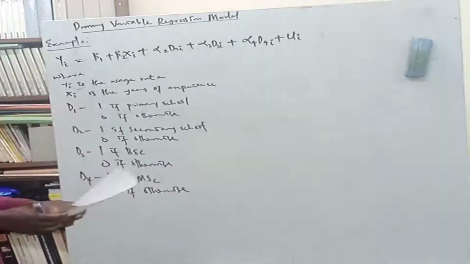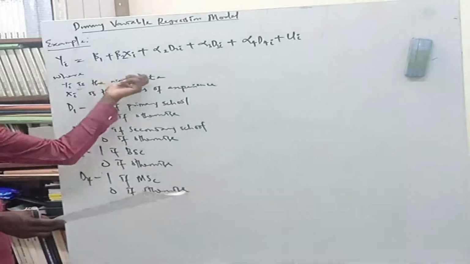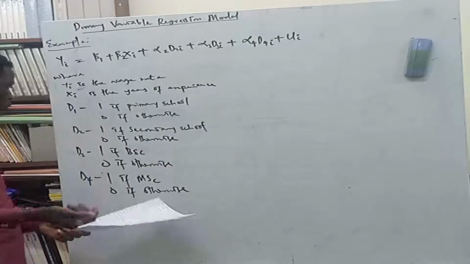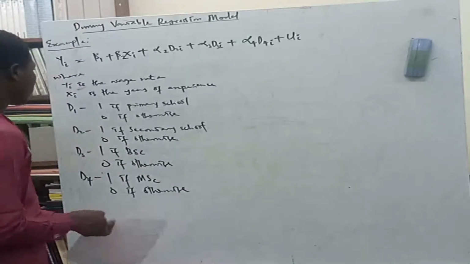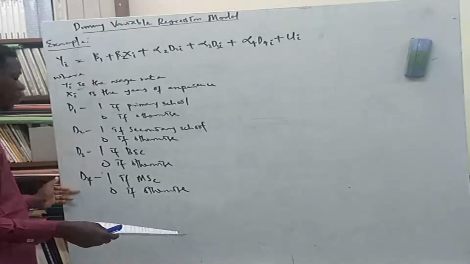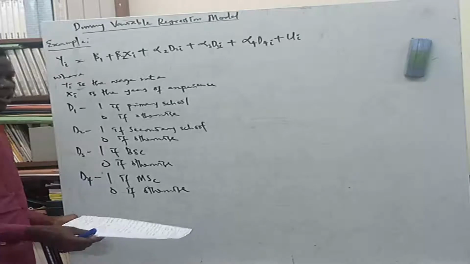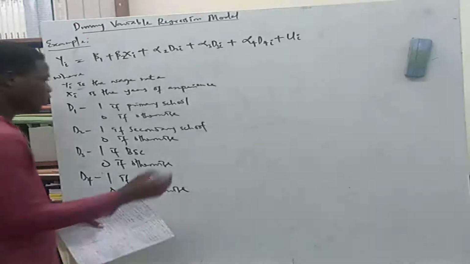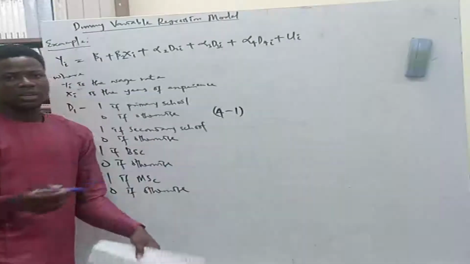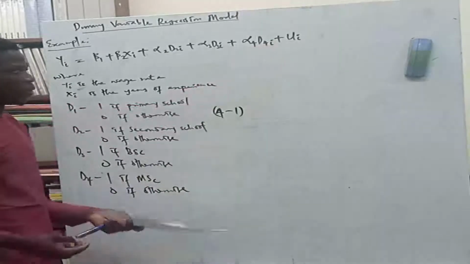So you observe that it's a mixture of quantitative and qualitative variables, so you say that is an ANCOVA model. Then you will see that the dummy variable, which is the level of education, has 4 categories. That means we are going to introduce 4 minus 1 categories in our regression model, and that is what we have done here.